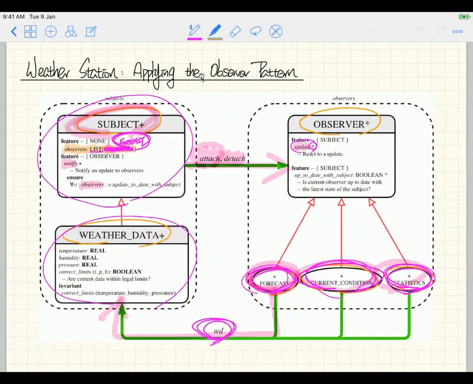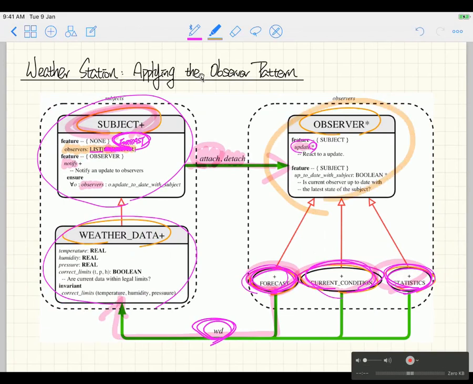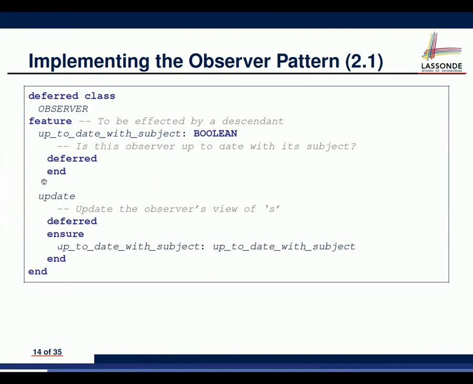We just have to make sure updates is deferred, and this is also deferred, right? Just about what do you really mean by up to date. Observer itself is very easy. You just have these 2 features here, and they are both deferred. And now, for each of the descendant classes, we're going to make these effective. But how? Let's see one of them.